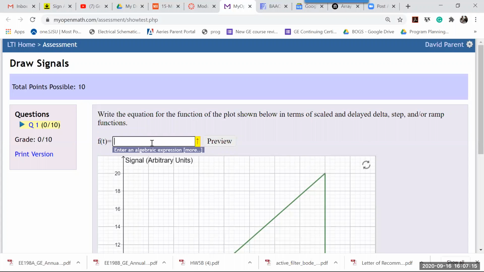So like if you thought there was a delta function, right, you'd see delta t, right? And then if you thought there was a delayed step function, you'd say u of t minus 1. Let's say it was 1. And then if you thought there was a scale factor to it, you know, times a ramp function.